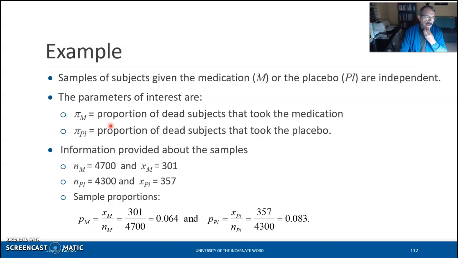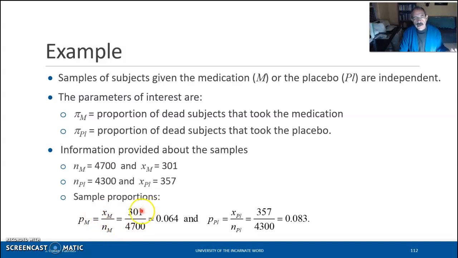All right, so now using the information they provide us, which is the sample size and the number of people that died in each of the groups, from those numbers we calculate the sample proportions. So the first sample proportion is the death rate in the sample of those that took the medication.